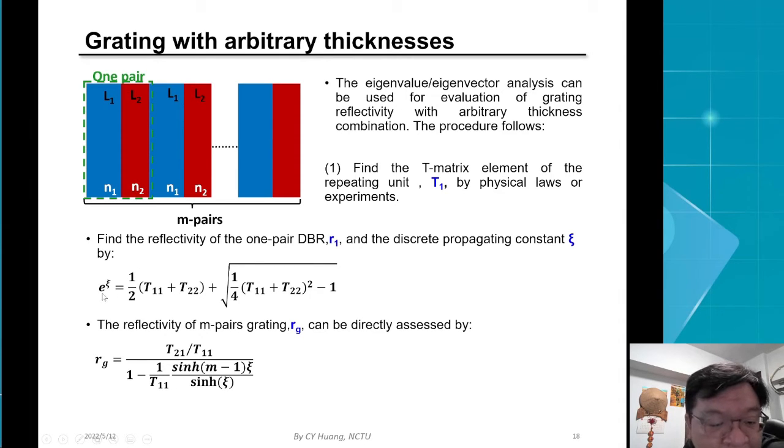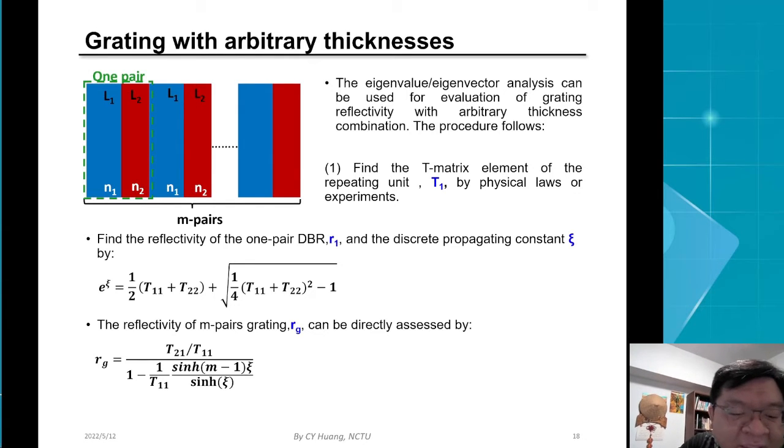So exponential Kc will be half of T11 plus T22 plus square root and so on, just like this one. So the final reflectivity can be of N pairs. The overall reflectivity after N pairs can be directly deduced from the result of the transmission matrix of the one pair.